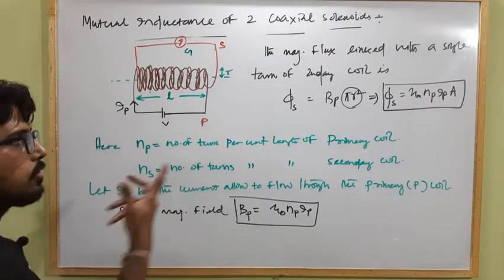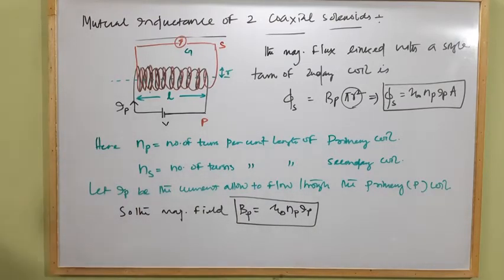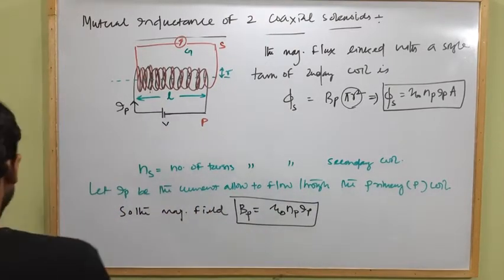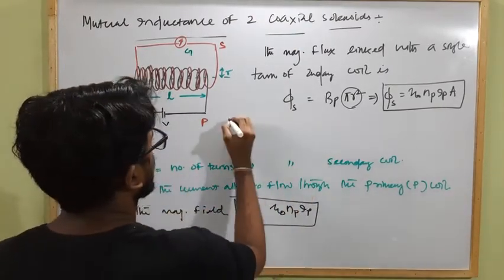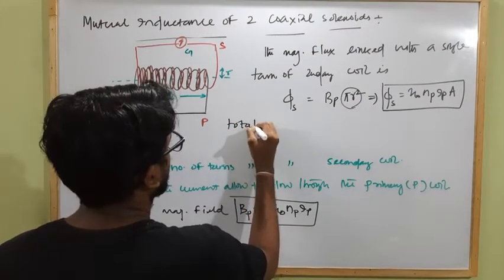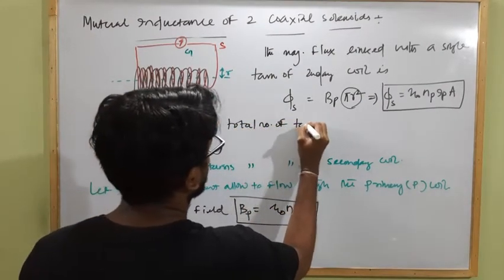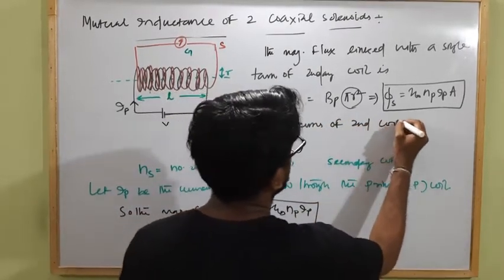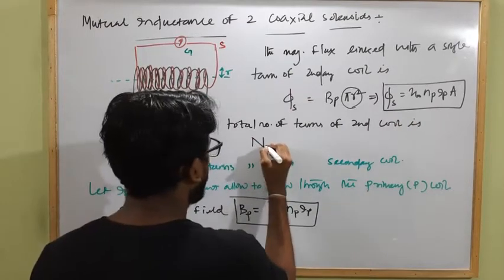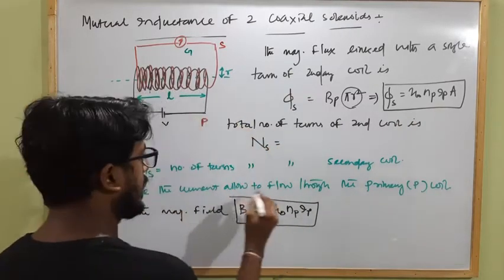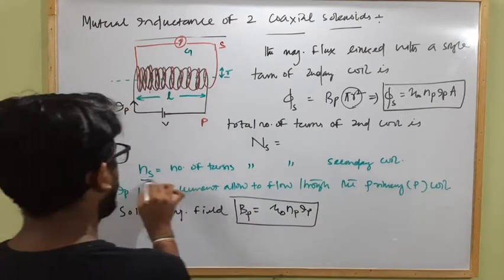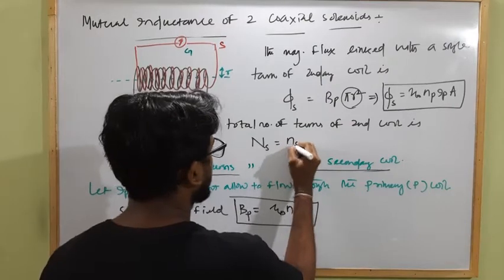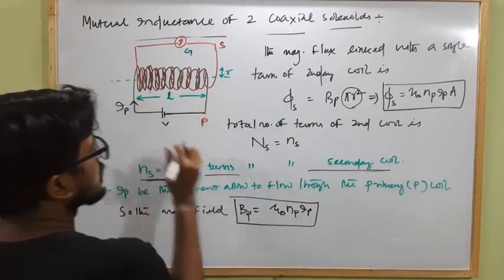So what is the total number of turns of the secondary coil? Total number of turns of secondary coil is capital NS equal to number of turns per unit length NS into length of the secondary, small l.